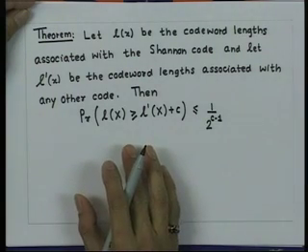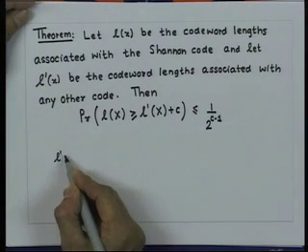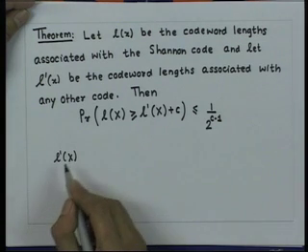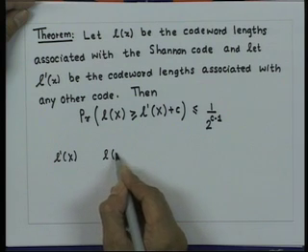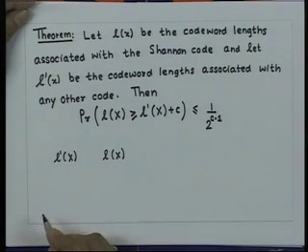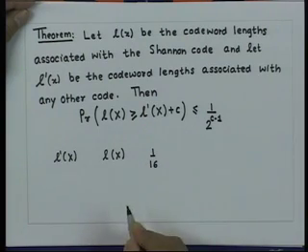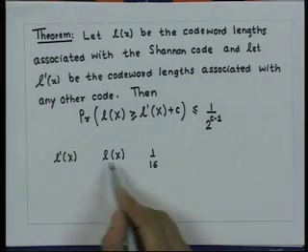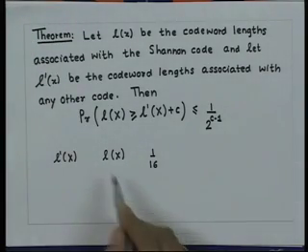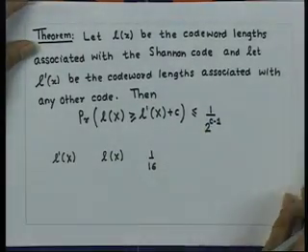What it means is that the probability that L dash x is, say, 5 or more bits shorter than L x is less than 1 by 16. So, that is the interpretation. Now, let us look into the proof of this.